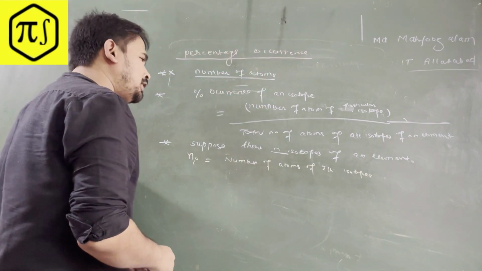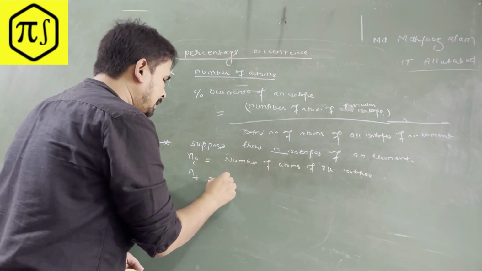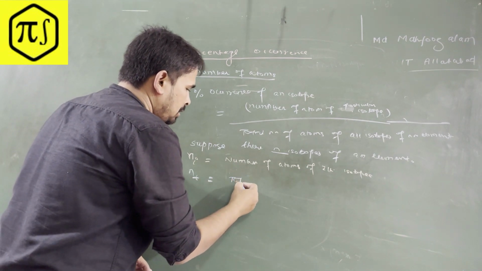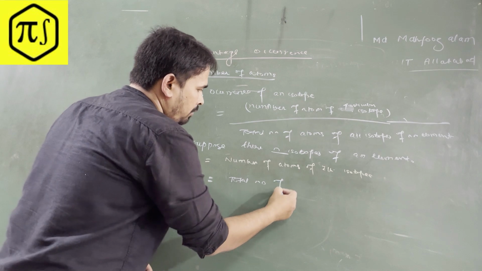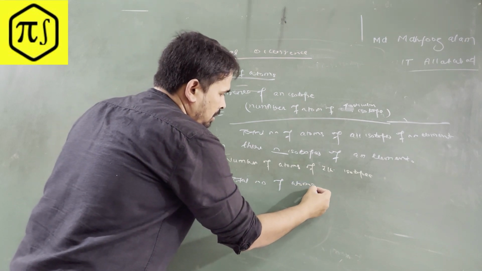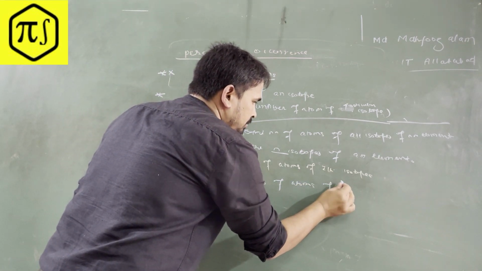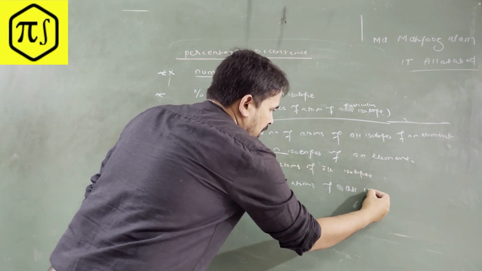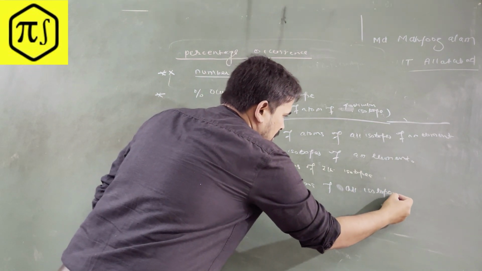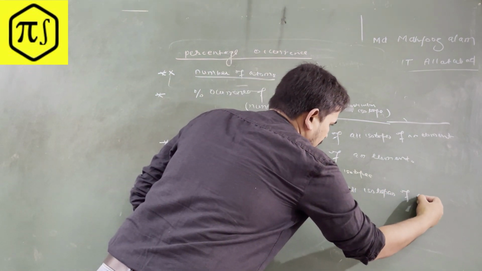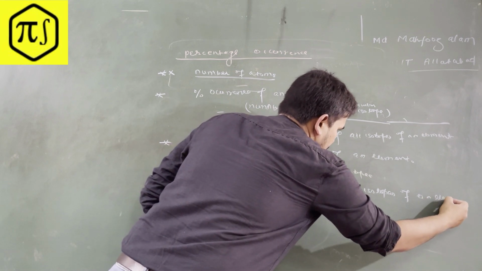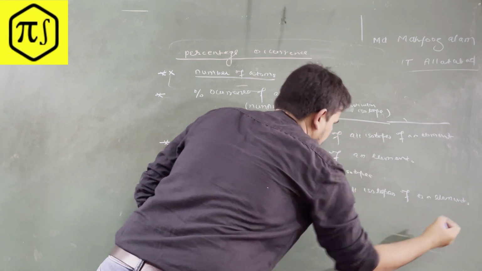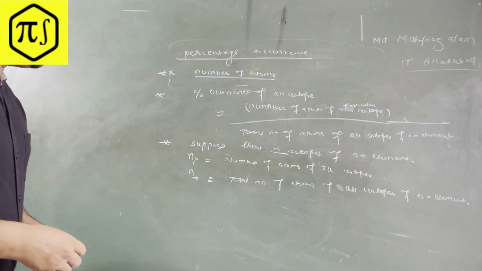And then we'll talk about Nt, the total number of atoms of all isotopes of an element. Okay, so we know this one.